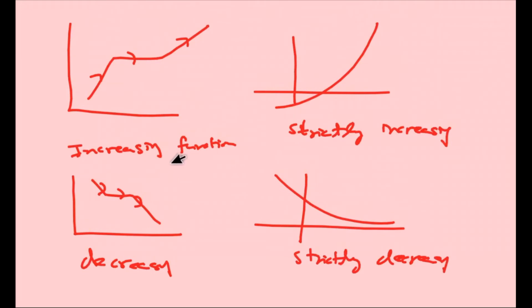The meaning of an increasing function is that sometimes it may be equal: here f(x1) is always less than or equal to f(x2), and here f(x1) is always greater than or equal to f(x2), but sometimes it may be equal. So these two curves are increasing and decreasing, and these are strictly increasing and strictly decreasing.